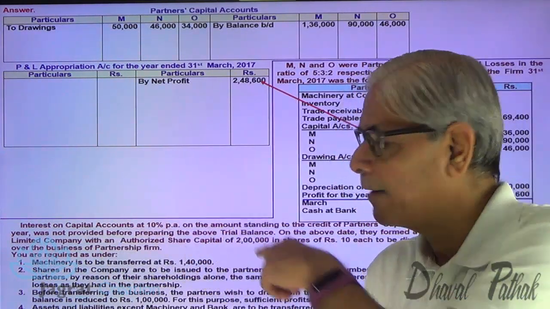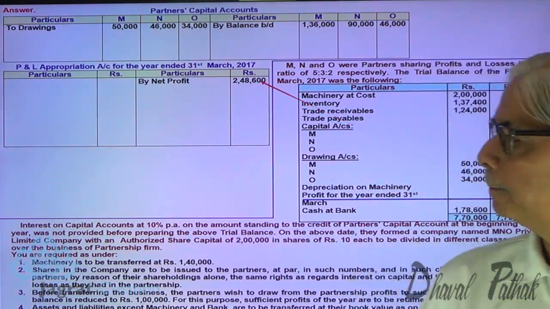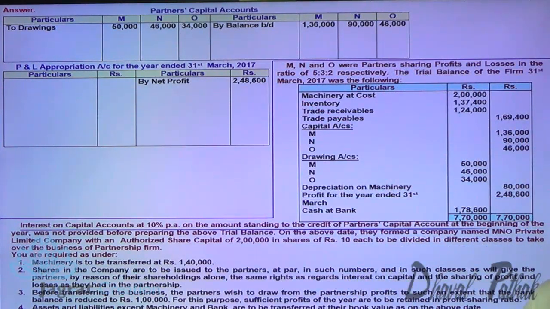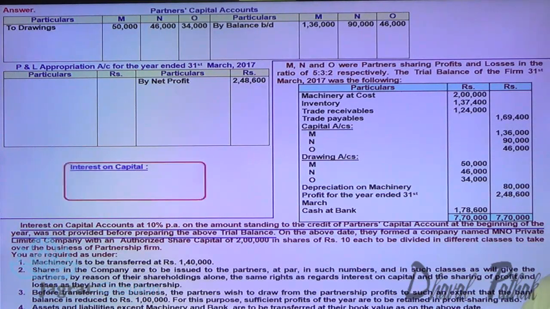From this profit, I am required to give 10% interest on capital. So 10% interest on capital. The opening balance of capital account of M, 1,36,000 into 10%. For N, 90,000 into 10%, 9,000.